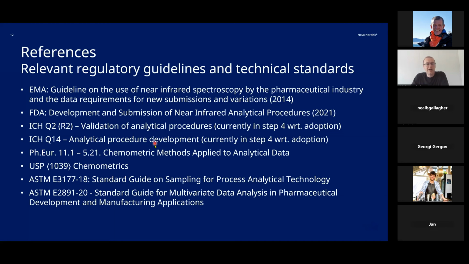And then there are 6 guidelines and standards, which is a good start. It's by no means an exhaustive list, but those are good starting points on sampling, on multivariate analysis, and on method development and instrument control.